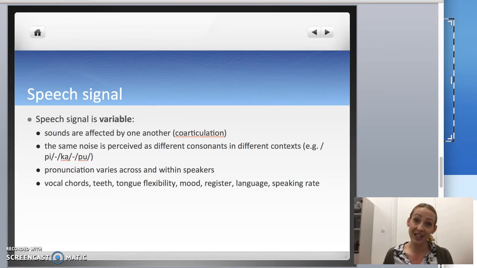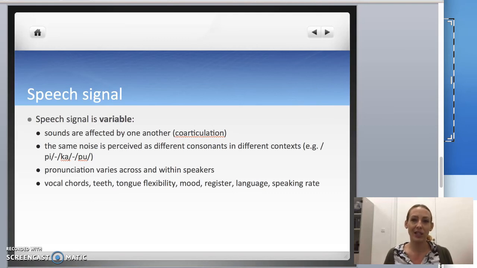But also within speakers, anything can have an impact on the way I speak and consequently the properties of the sounds. So if I'm tired, I'm going to speak in a different way than when I'm very energetic and happy. And even though I may be saying the same words, they are going to sound different.